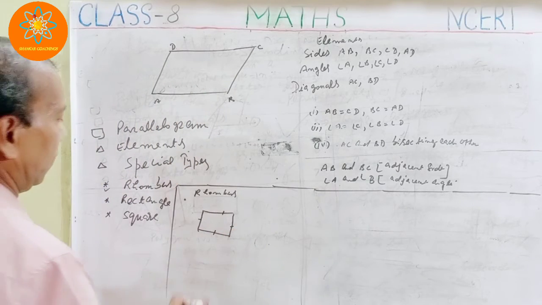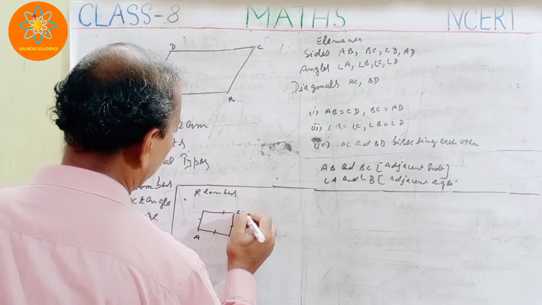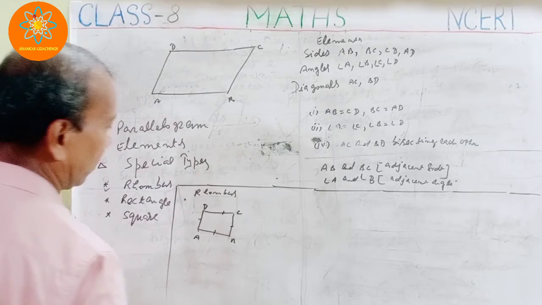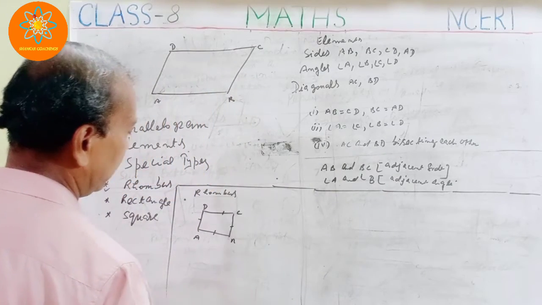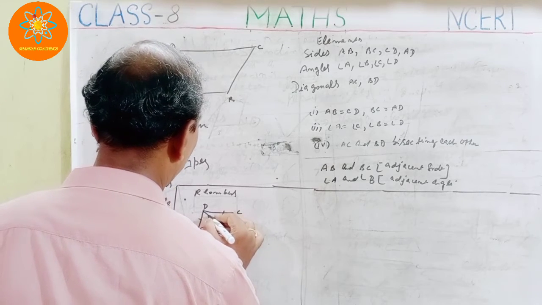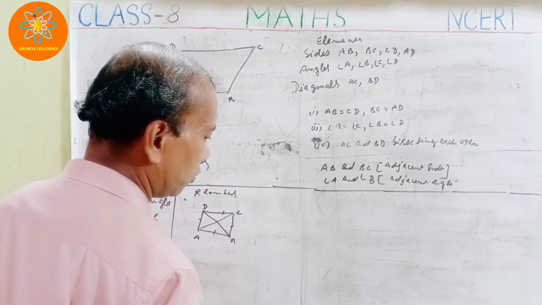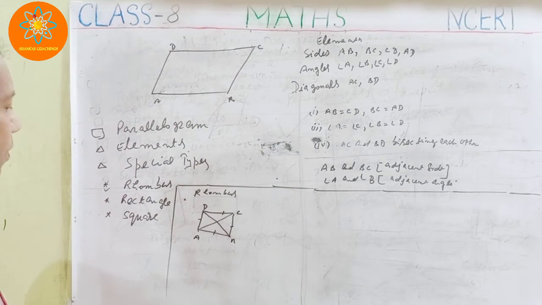Suppose this is A, B, C, and D. If you connect the diagonals, they are bisecting each other.